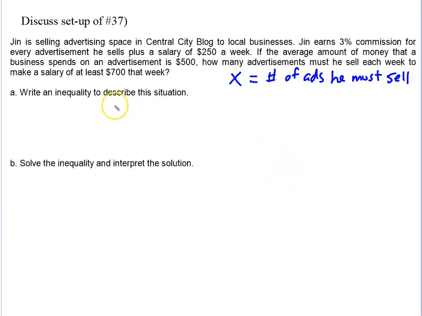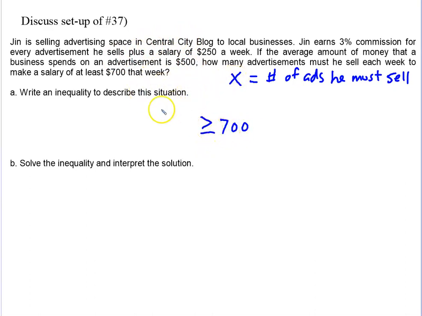All right, so let's come up with this inequality. Well, we know that we've got to come up with at least $700. So this is in terms of money earned. We know that the target that we're trying to hit is at least 700. Hopefully it's going to be more than that. At least Jen hopes so. But that's the bare minimum.